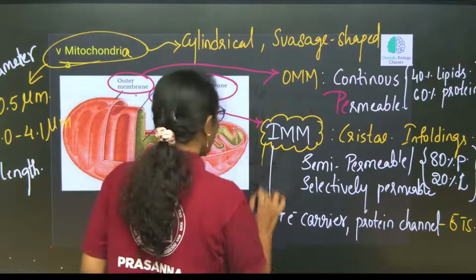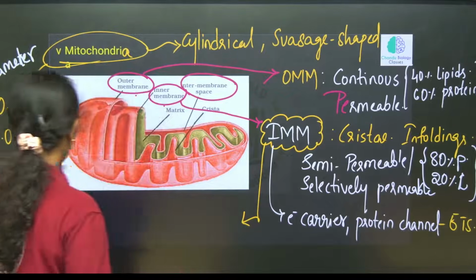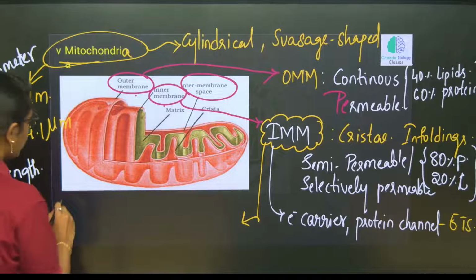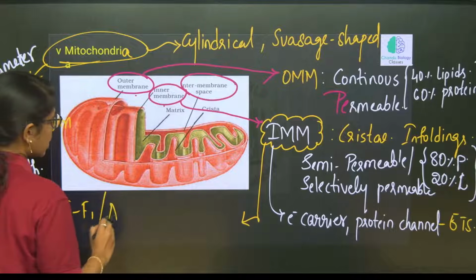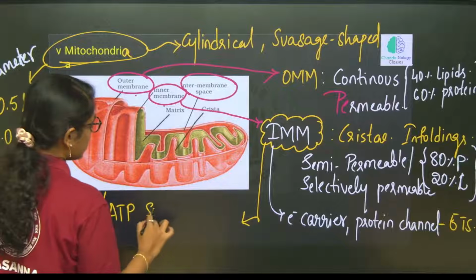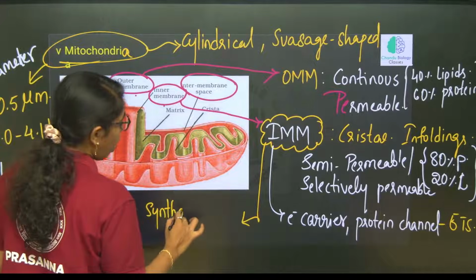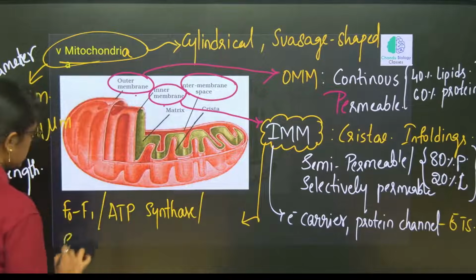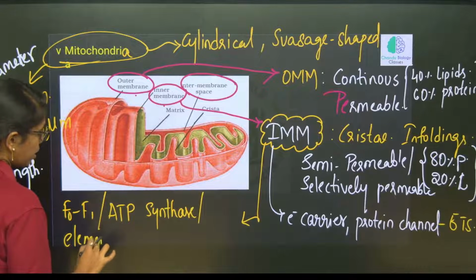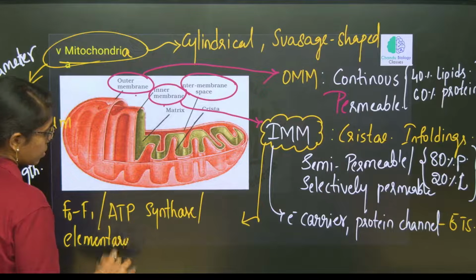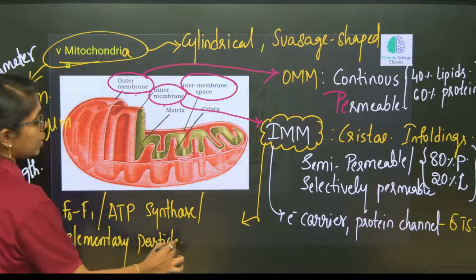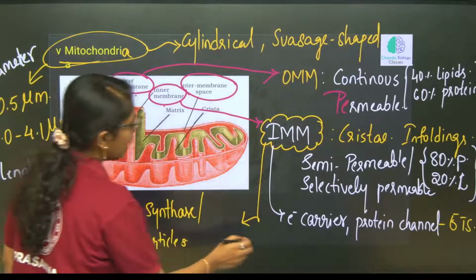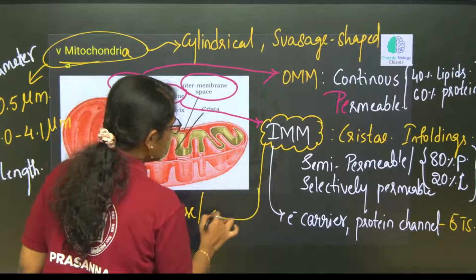And F0 F1 particles, which are also called ATP synthase or elementary particles, are also embedded in the inner mitochondrial membrane, that is cristae.